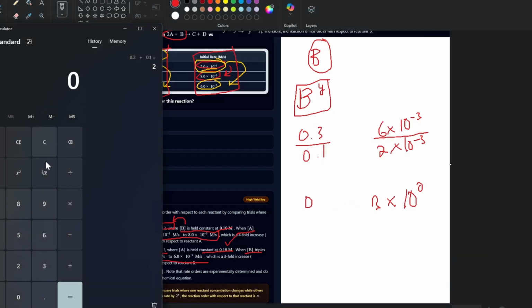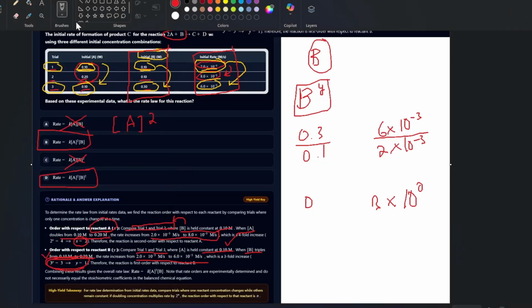If you put in the calculator, 0.3 divided by 0.1 gives you 3. So this gives you 3, and this gives you 3. That makes it easy. By the way, 3 times 10 to the 0 is just 1. So you get 3 and 3, like I said earlier. I just wanted to show the steps.